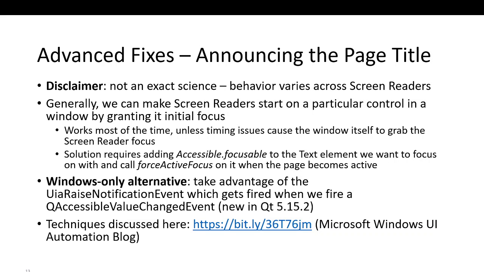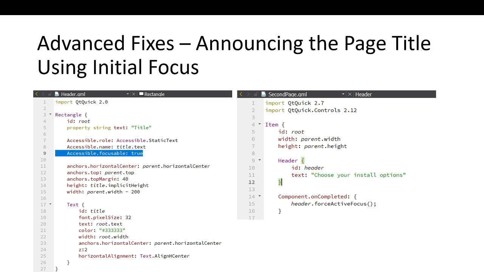So the way that works in Qt is you use a QAccessible value changed event, and I included this link here where there's an in-depth discussion of these techniques and what other ways there are to make screen readers read the title. So in the page title using initial focus option, I just included a short snippet here.